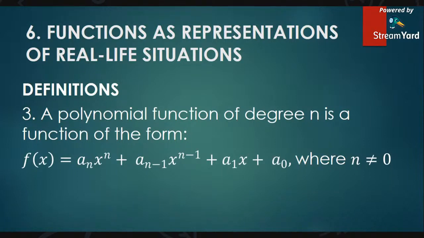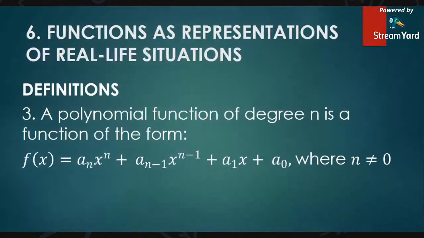Magbabago kasi kapag ginawa kasi natin n 0, hindi na siya count as polynomial function. Kasi magiging negative na yung exponent. Nag-substitute tayo ng 0, 0 minus 1, negative 1.